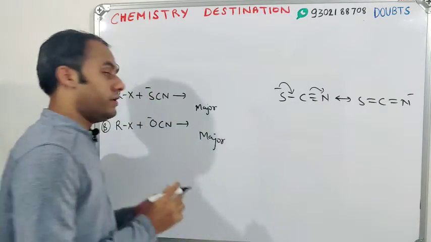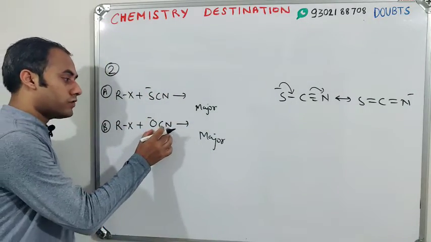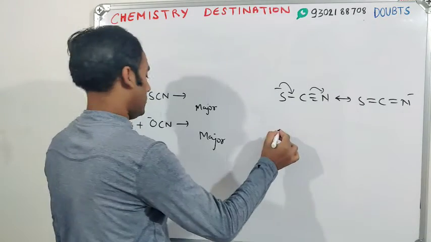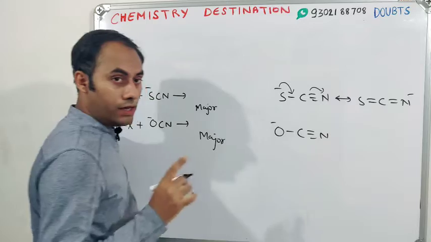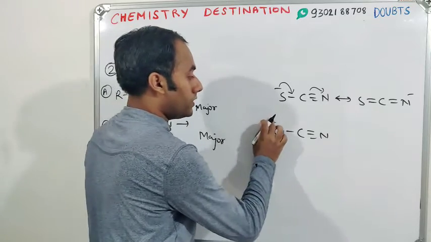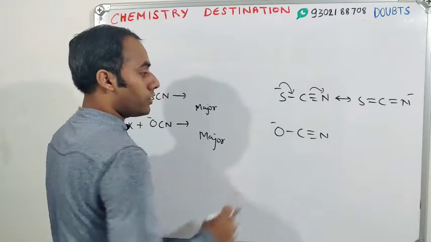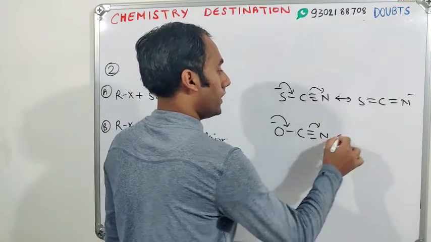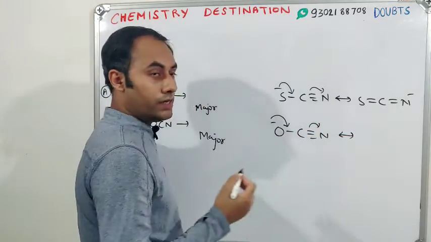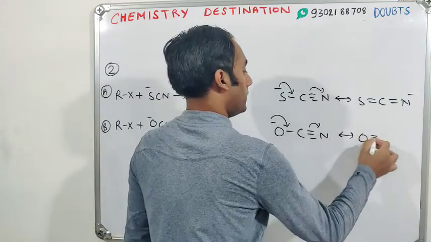If we look carefully at the structure of cyanate ion, that is O negative C triple bond N, again the negative charge is in conjugation with the triple bonded electrons. So the negative charge will be delocalized and the resonating structure will be like this.